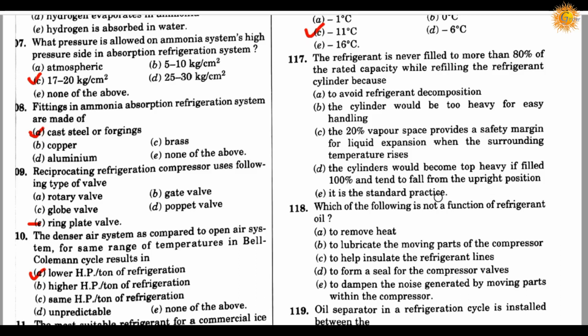So the correct answer will be C. It's a 20% vapor space provided for a safety margin.